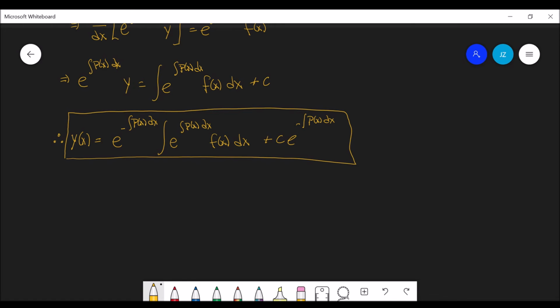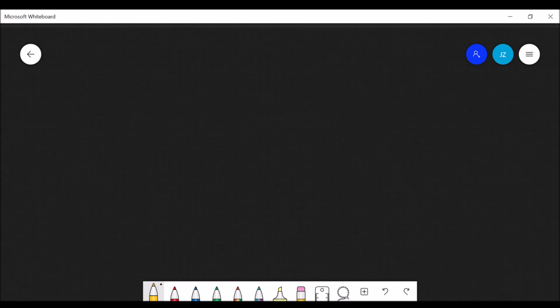So let's try solving one. So let's look at the equation. y prime is equal to y plus x e to the x. Well, first let's put this in standard form.